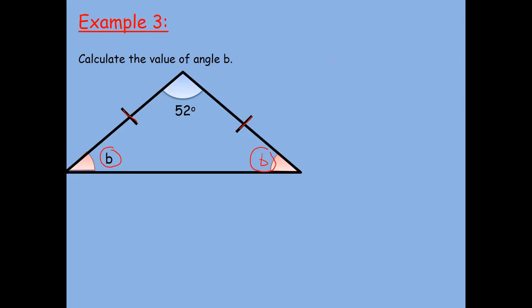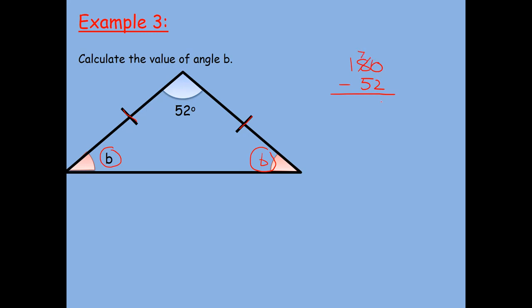So we do this one ever so slightly differently. We do our minus first, our column subtraction. So again, 0 take away 2 I can't do, so I'm going to borrow 1.